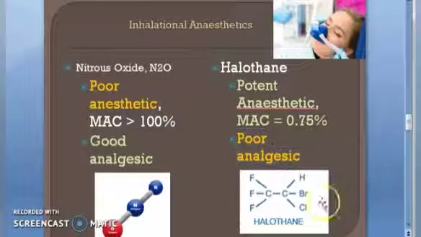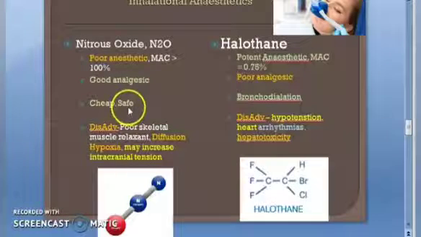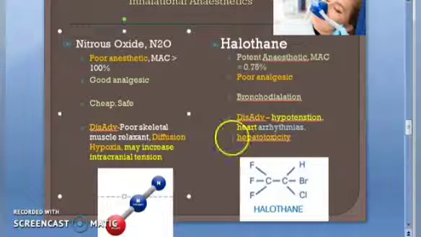Okay, very good. Other advantages, nitrous oxide is cheap and nitrous oxide is safe. However, it is a poor skeletal muscle relaxant.